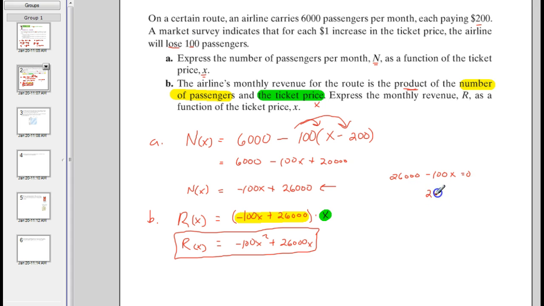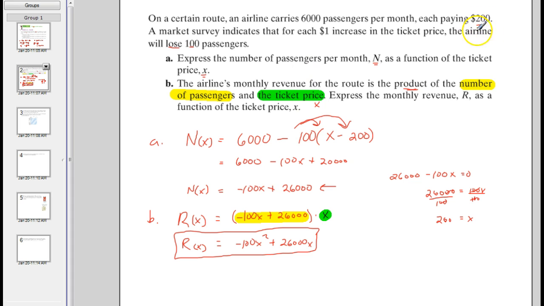Which gives me 26,000 equals 100x, and then I divide both sides by 100. So x equals 260. Okay, we can't set that price really above $260.